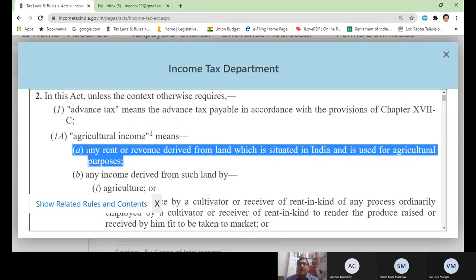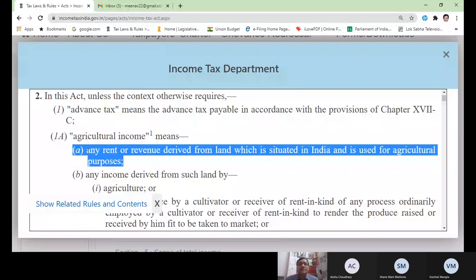Agricultural income doesn't mean only that income which comes from rice, wheat, or some plants, etc., by selling those grains or selling crops. No, even rental income can be agricultural income. This is what subclause A says: any rent or revenue derived from land which is in India, and if that land is used for agricultural purposes.